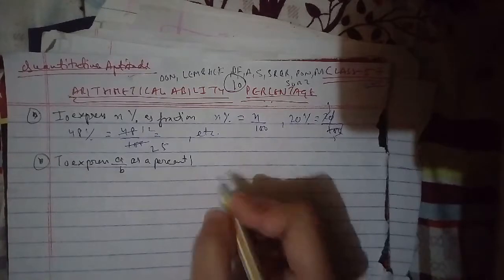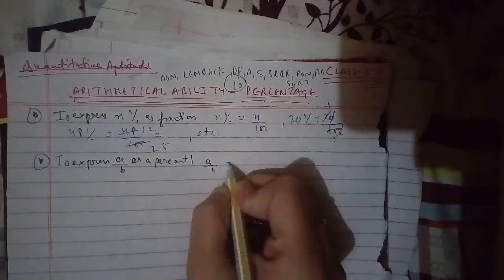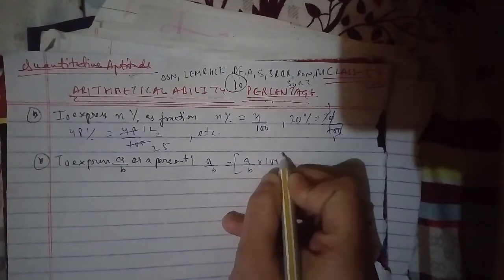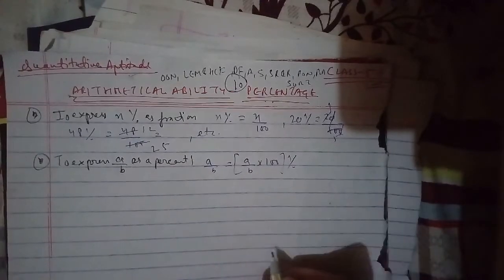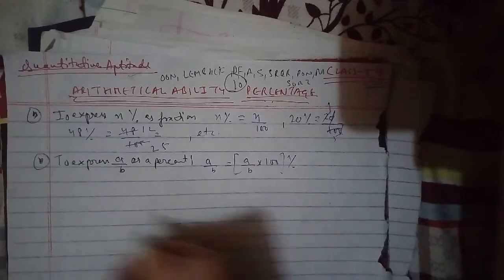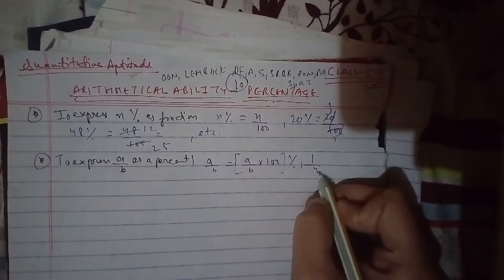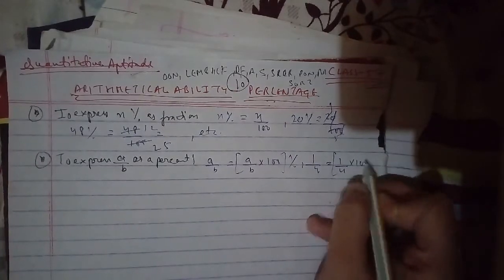In the same way, take 1 by 4: 1 upon 4 into 100%. 4 ones are 4, 4 twenty-fives are 100, 25 ones are 25, so it will be 25%.